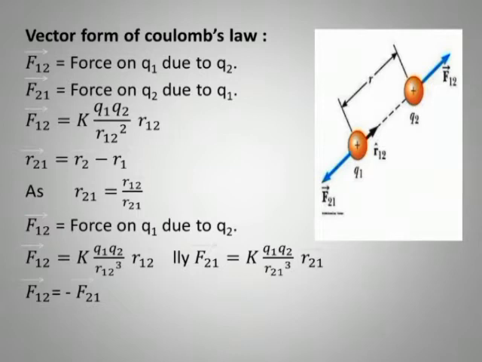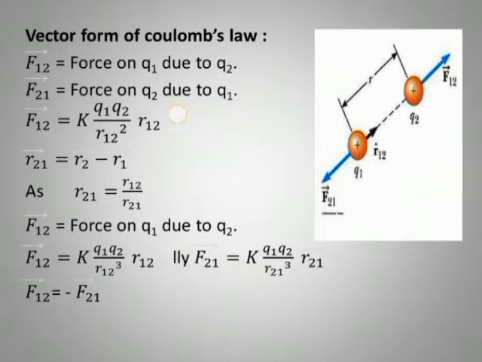Yes, so q2 is exerting forces on q1, or q1 is exerting forces on q2. Is this clear? Now, this is the vector form of Coulomb's law. In the same way, similarly for F21, you're going to write your distance as r21 cube, r21. Is this clear?